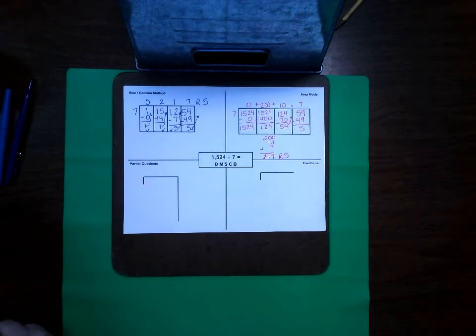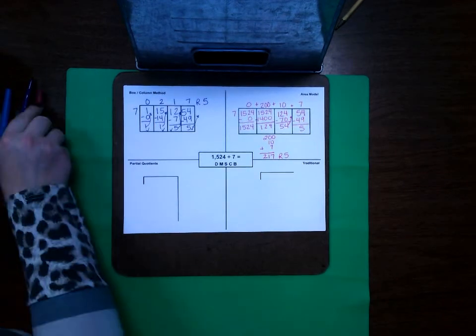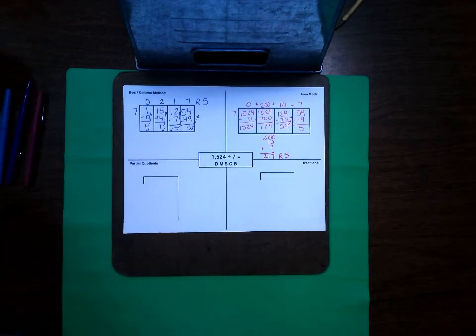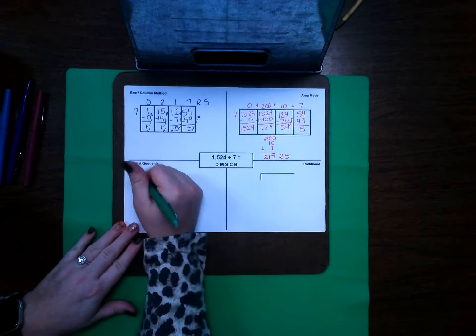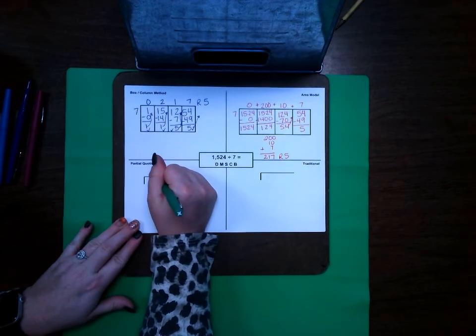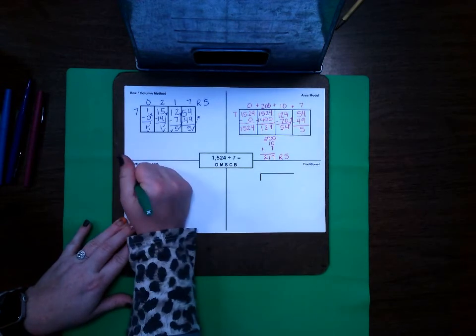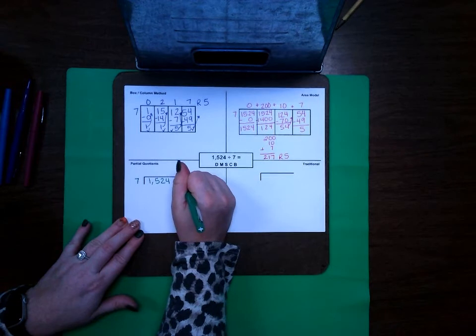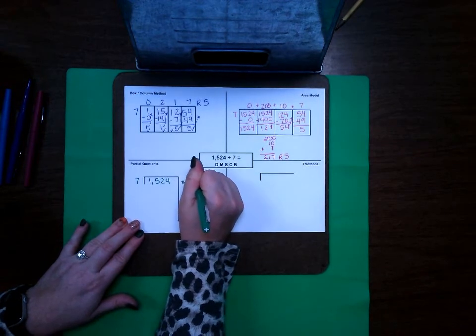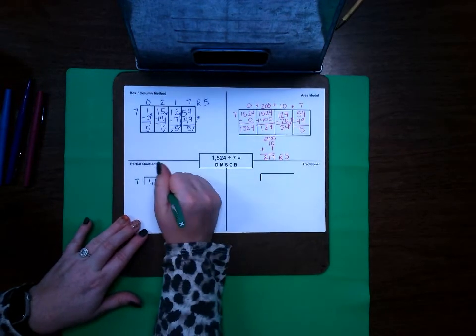Okay, now let's go to the partial quotients method for long division. I'm going to put my entire dividend inside the box. My divisor goes on the outside. I've got my thousands, and I know that I cannot do my thousands, so that's a 0.